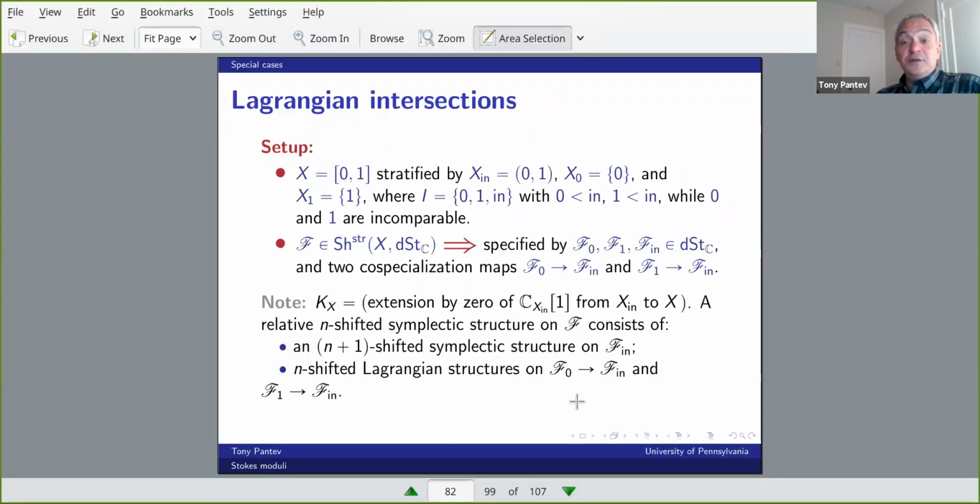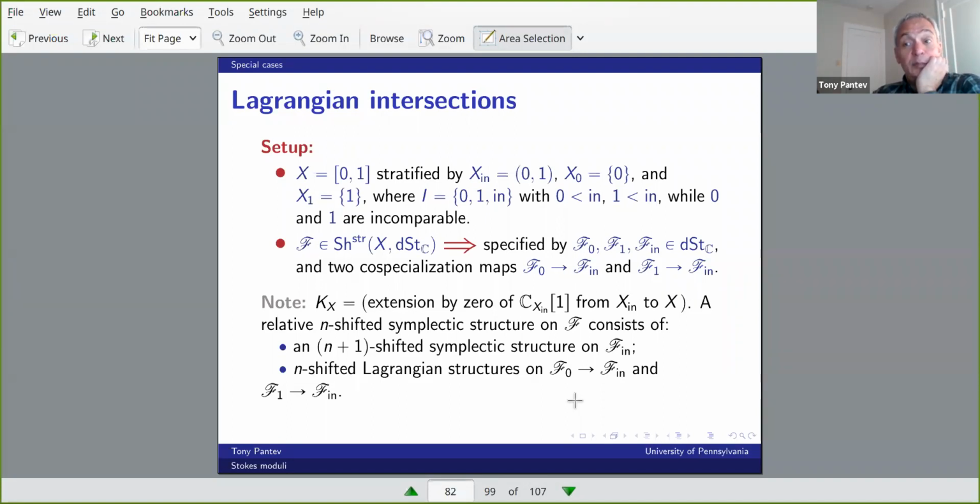The dualizing sheaf is still the extension by 0 from the inner stratum of the constant sheaf shifted by 1. And so a relative symplectic structure on this sheaf of stacks is an n+1 shifted symplectic structure on the inner stratum and n-shifted Lagrangian structures for the 2 co-specialization maps.